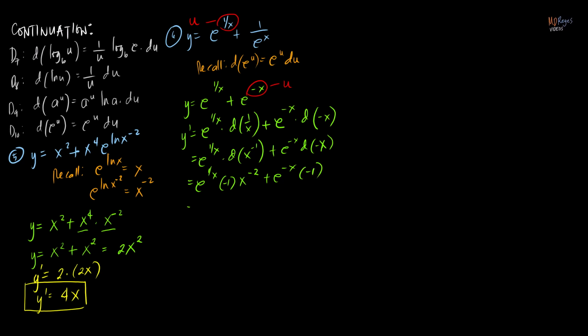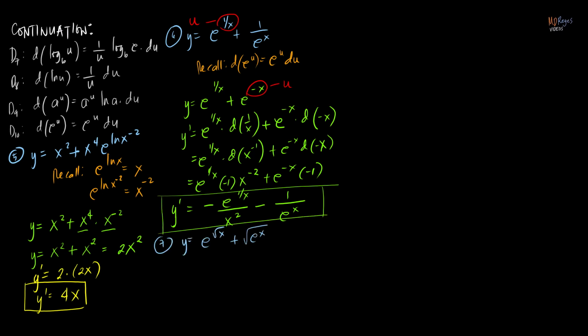Simplifying the final answer, we don't want a negative exponent, so in the first term, we'll write the answer as negative of, the numerator is e raised to 1 over x, the denominator is x squared. The second term is minus 1 over e to the x. We don't want the negative x in the second term either. I think we have it simplified already. This is the derivative of the function y with respect to x.